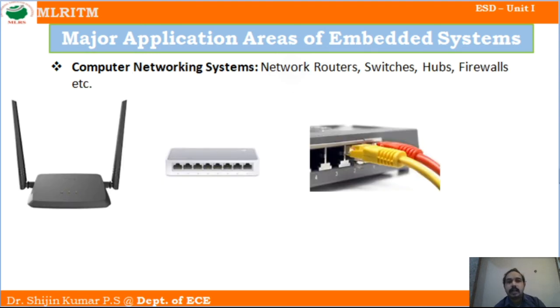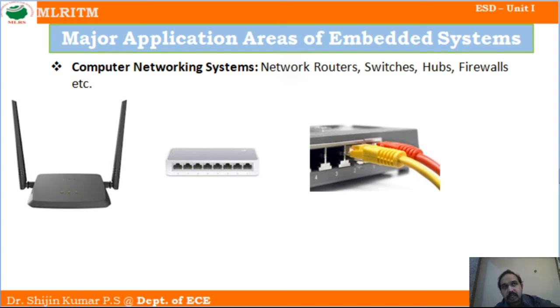Next is computer networking systems. What are the examples? One is network routers. If you have a broadband connection, there may be a Wi-Fi router in your home to distribute the internet.